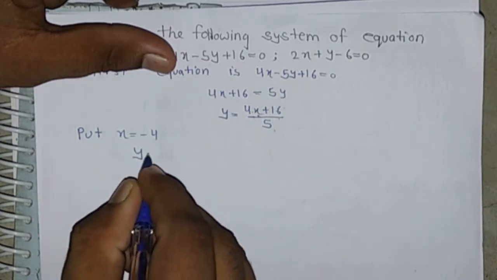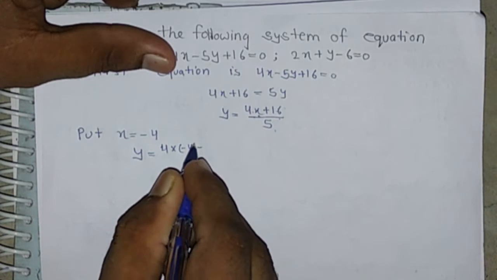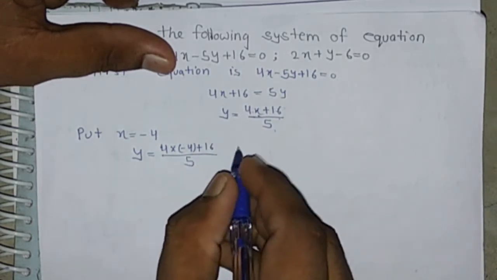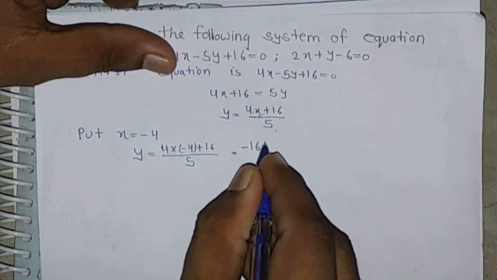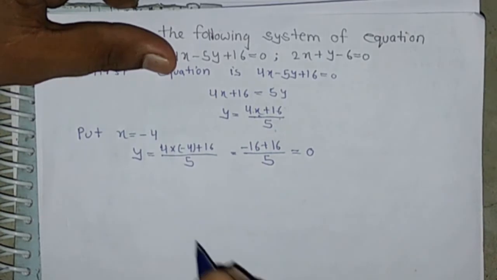Then y equals (4 into minus 4 plus 16) by 5, which is minus 16 plus 16 by 5, and the value of y is 0.